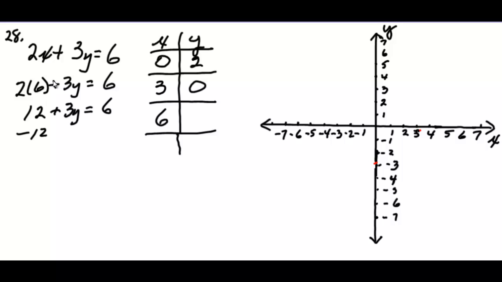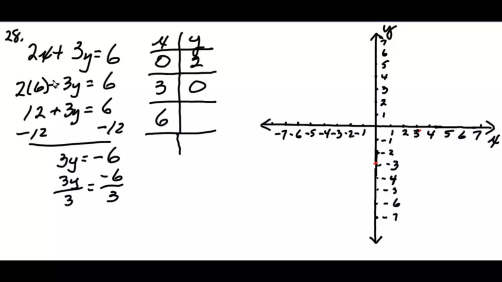Subtracting 12 from both sides, now what I end up with is 3y equals -6. And now dividing by 3, I get -6 over 3, so y turns out to be equal to -2. See how the math works out so nicely with that? If you picked 1, then you'd be subtracting, 1 times 2 is 2, you'd be subtracting 2 from both sides, and you get 3y equals 4, and now you got a fraction. Plotting that is a little bit more difficult.